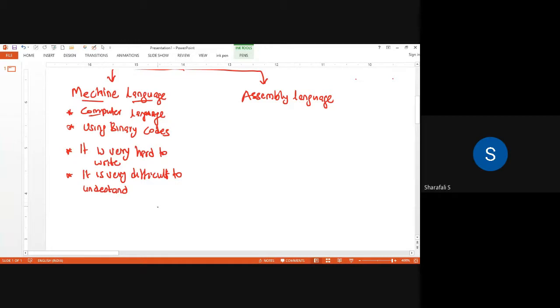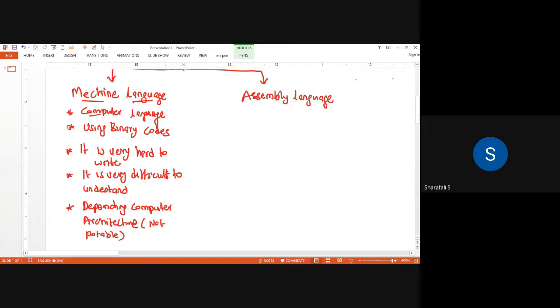We cannot use such a program in a 64-bit system. Since it depends on the computer architecture, we cannot port the program to any other system. Which means that it is not portable.